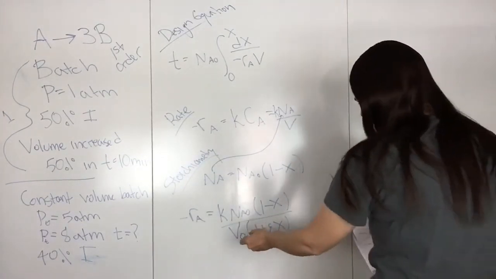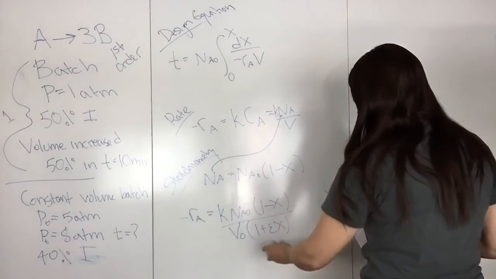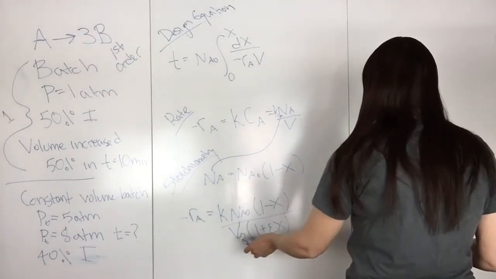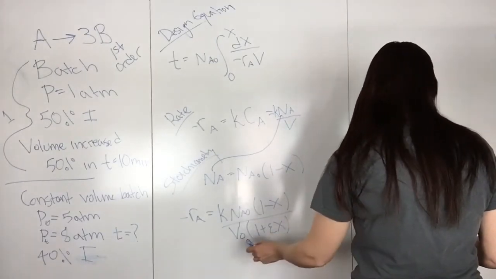So theoretically you could have just taken this equation straight off the table, but I kind of wanted to show where this bottom part comes from.